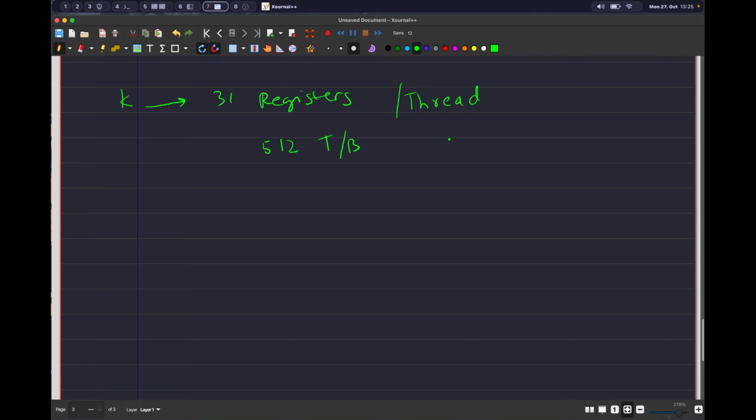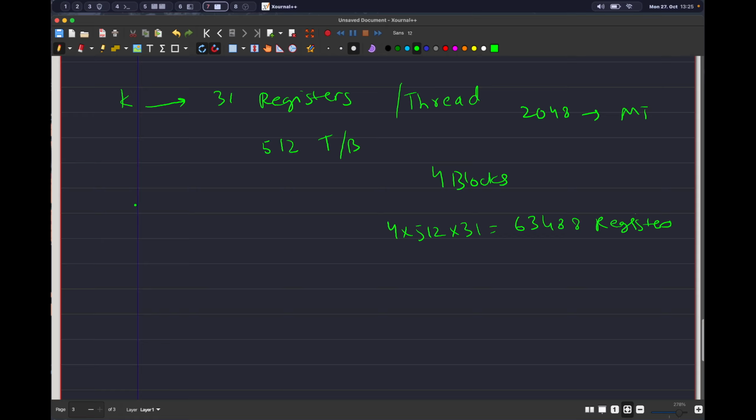And in this case, let's say the maximum number of threads that the streaming multiprocessor can have is 2048. So the number of blocks we are invoking is 4. The total number of registers will be 4 times 512 times 31, which comes out to be 63488 registers, which is fine.